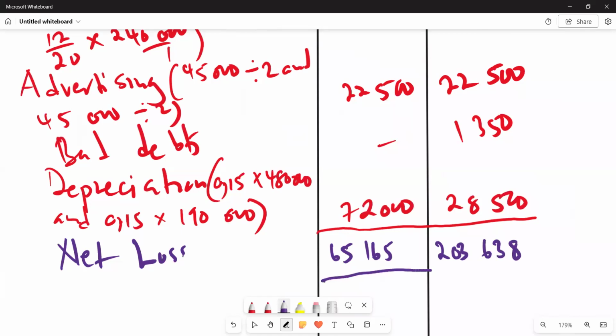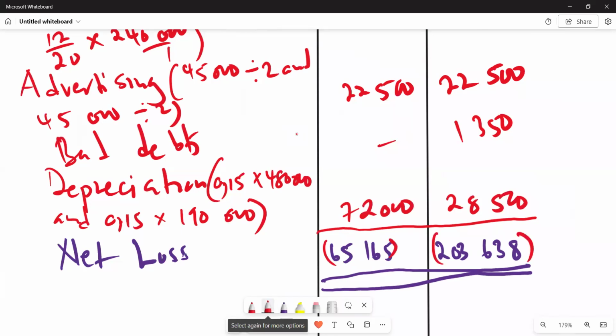So this marks the end of our departmental account. And these figures that we are having at last are net losses. So remember, when it's a negative figure, we are supposed to put it in brackets. So the brackets should be shown to indicate that this is actually a net loss. It's a negative figure. So this is what we have, guys, according to this video.